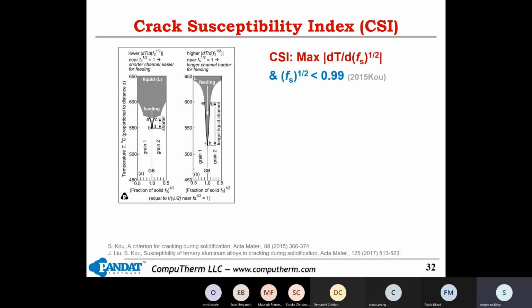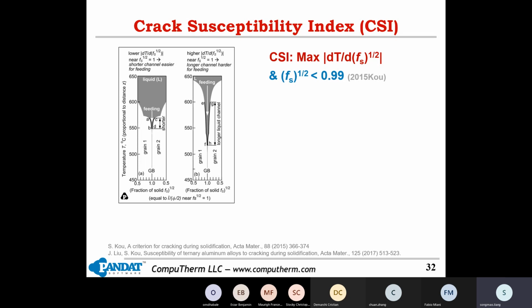cracking susceptibility. From this diagram, we see the dT/d√fs represents the feeding channel at the last stage of solidification.